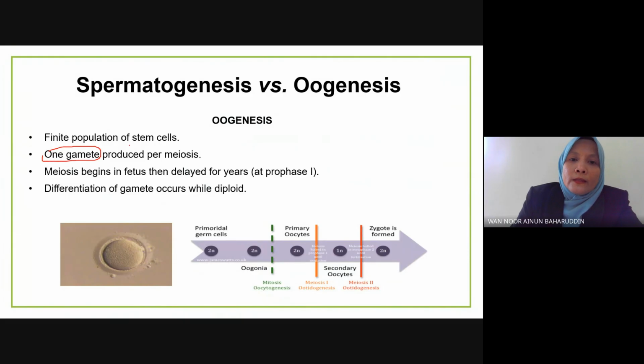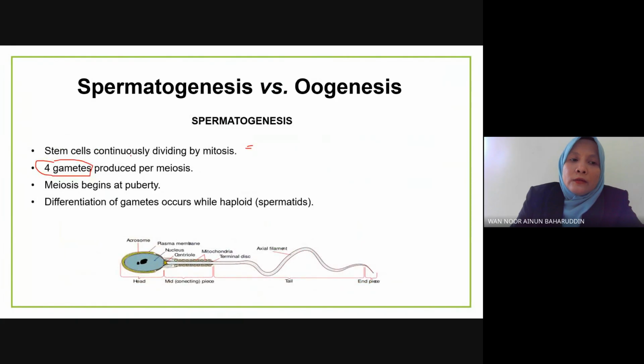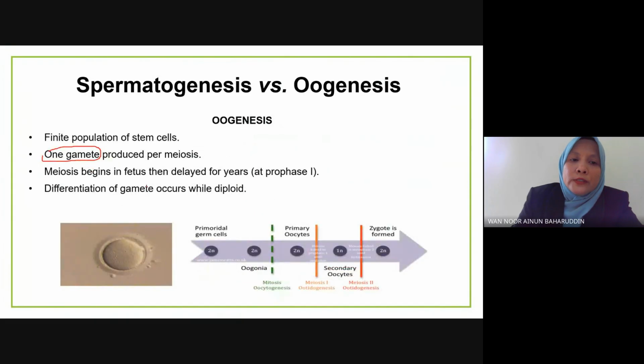Meiosis begins at puberty in men. In women, meiosis begins in the fetus, but is delayed for years. Meiosis has begun, but it waits at prophase 1.